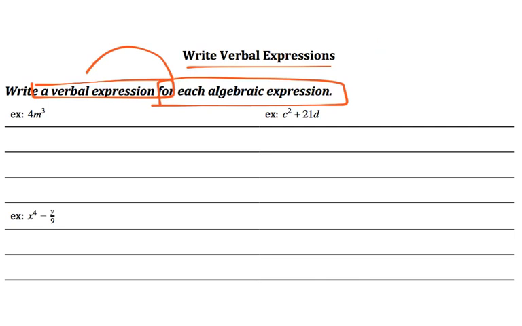Now, you can't say 4m cubed, like I said, but if you wanted to say 4 times, that's totally all right. So in red over here, I'm going to show what would absolutely be fine. 4 times, well, then we have an m with an exponent, so maybe 4 times m to the power of 3.